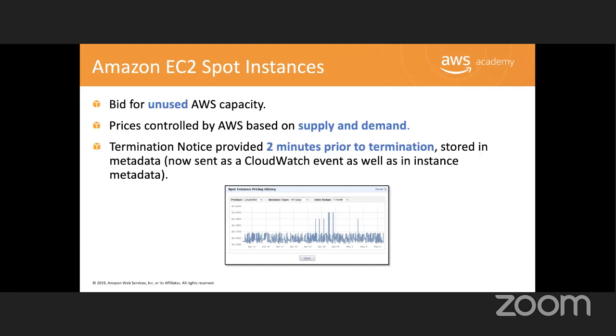It may increase, and when there's going to be a termination, you have 2 minutes to move fast and do whatever you have to do to save your data, because in 2 minutes your EC2 instances are going to be terminated. So that's very important for spot instances. You should have some backup in place. If you're using spot instances, that's the wise thing to do, because any minute your instances can be terminated. That's the way it is, guys.